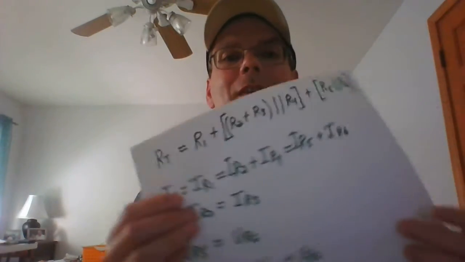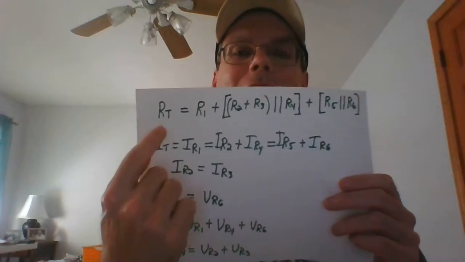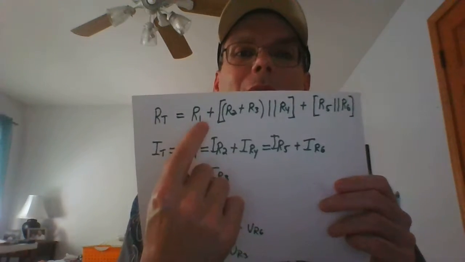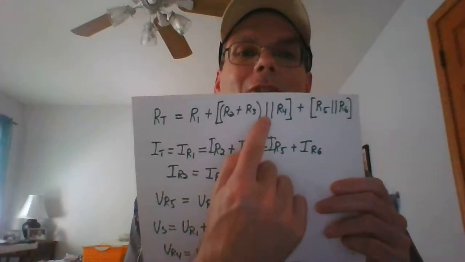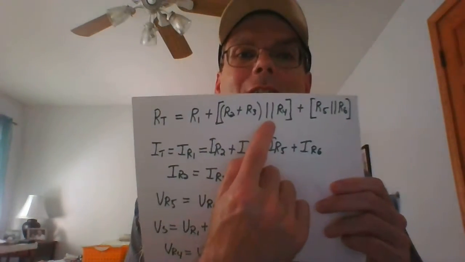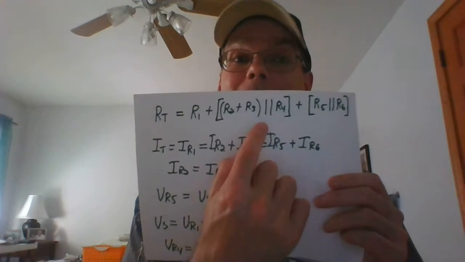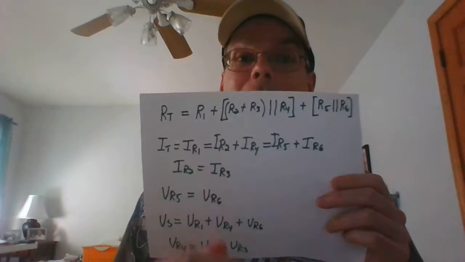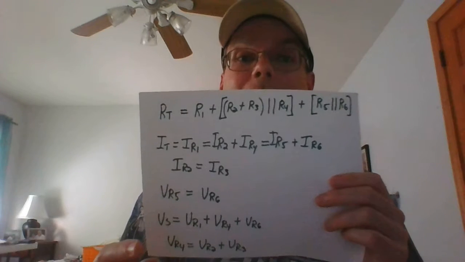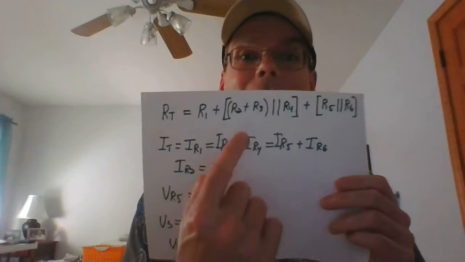If we were to write that in an equation, here's what it would look like. Total resistance is equal to R1 plus its series, right? These two lines indicate parallel as shorthand. And the longhand way to do that is either product over the sum or the sum of the reciprocals, the reciprocal of the sum of the reciprocals.